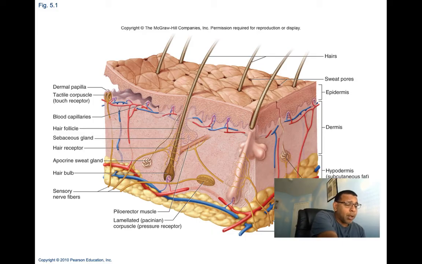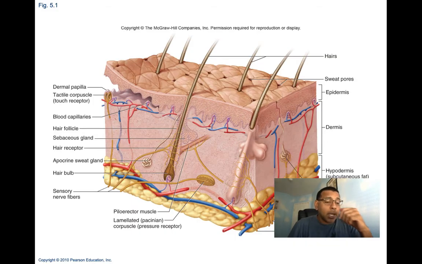Now when we talk about the epidermis, as you can see here, the epidermis is going to be the outermost layer. It's the outermost protective shield of the body. It's composed of epithelial cells. Now you're familiar with epithelial cells. The tissue type here is keratinized, stratified, squamous epithelium.